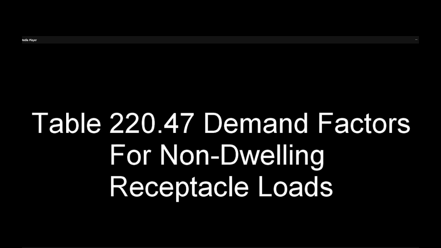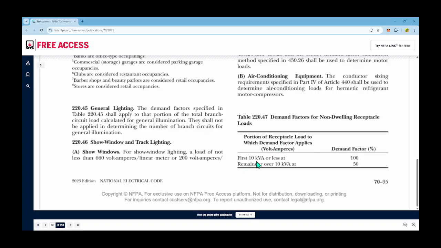So this table 220.47, demand factors for non-dwelling receptacle loads, it says for the first 10,000 VA or less at 100% demand factor. So that's how I got that question wrong. I did not include the demand factor on that. And then it said the remainder over 10 kVA at 50% demand factor. So that's kind of the simple math that I didn't apply to the question because I just didn't know.